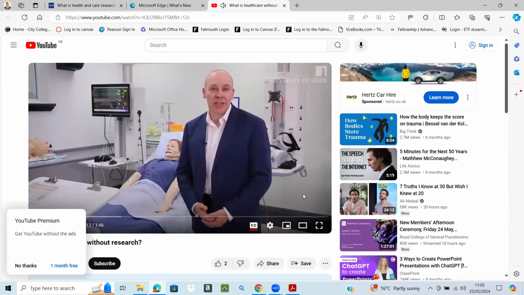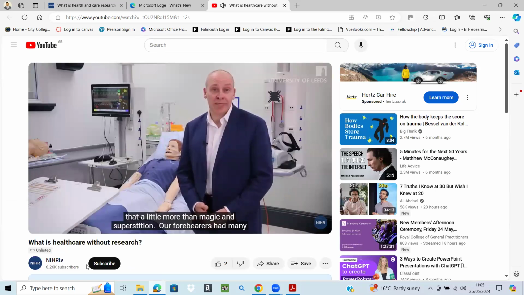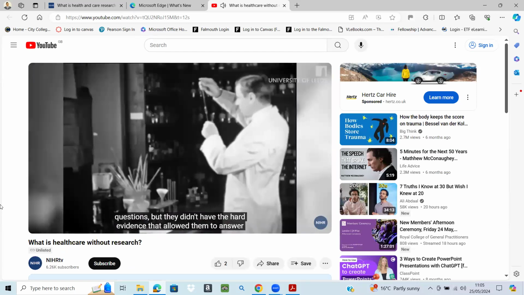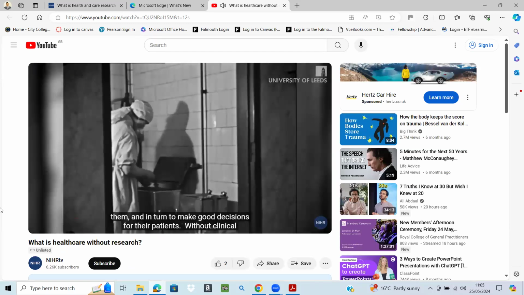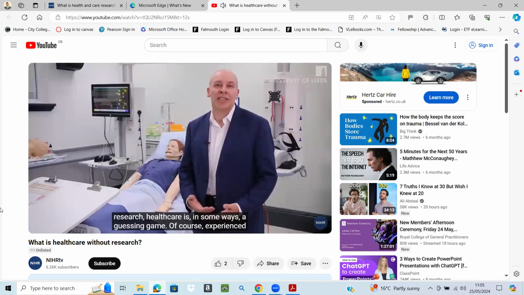Folklore and speculation, and for centuries before that on little more than magic and superstition. Our forebears had many questions, but they didn't have the hard evidence that allowed them to answer them, and in turn to make good decisions for their patients. Without clinical research, healthcare is in some ways a guessing game.